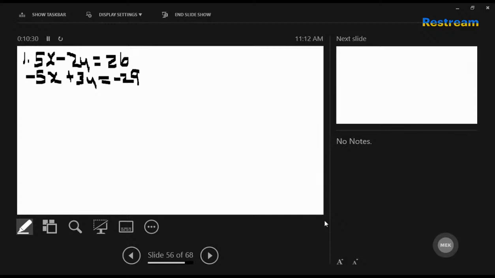We also have already done solving simultaneous equations using the method of substitution. So if you would like to know how to use that method, just go on the channel.